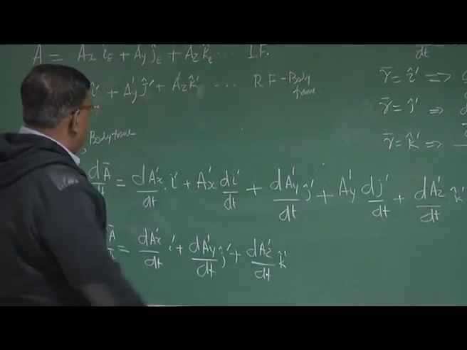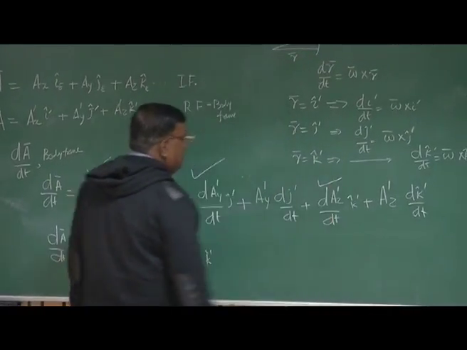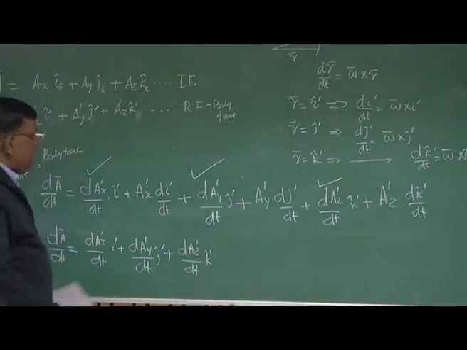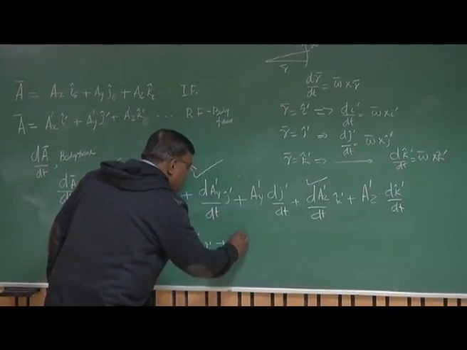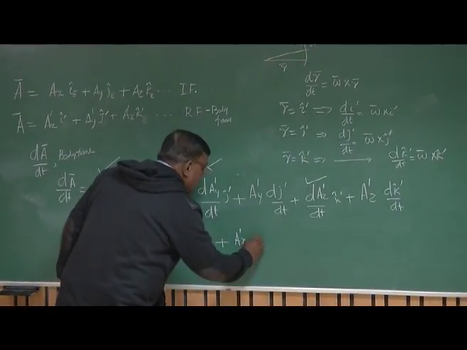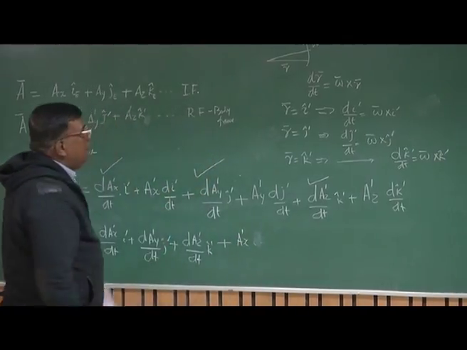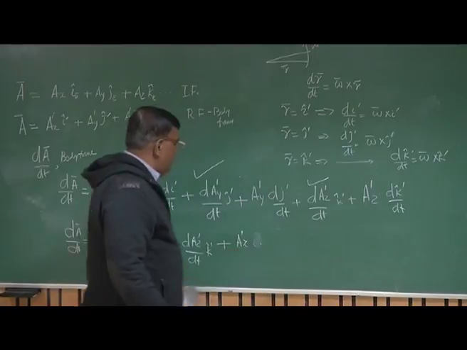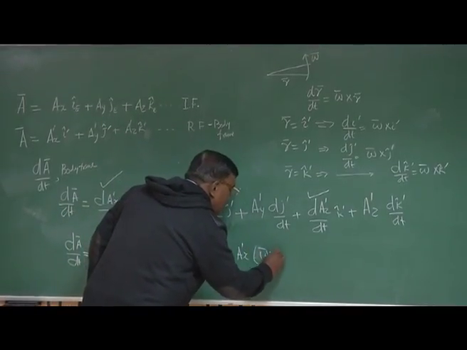Then what is left? This I have taken care of, this I have taken care of, this I have taken care of. What is left? This is Ax prime di prime by dt, and di prime by dt is omega cross i. So I write this as omega cross i prime.